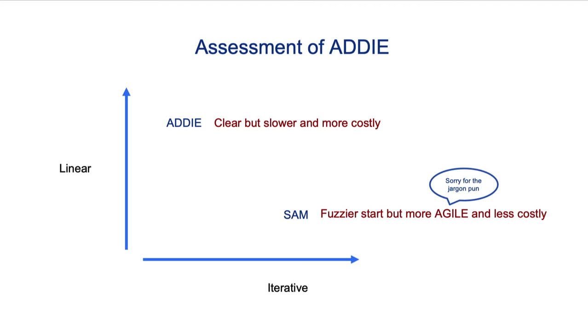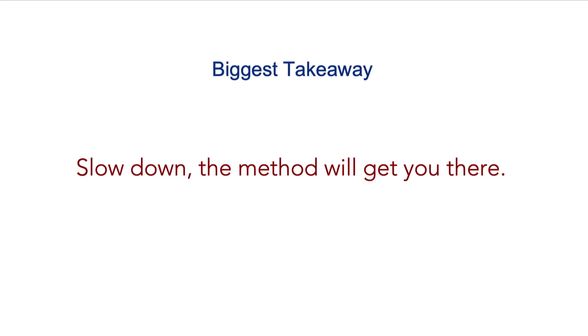This can be faster and less costly, but requires laser precision in and ongoing focus on project definitions and outcome requirements so things don't go off the rail. Myself, I think I've found that I would be blending iterations inside of ADDIE, so sort of a blended SAM-ADDIE approach.